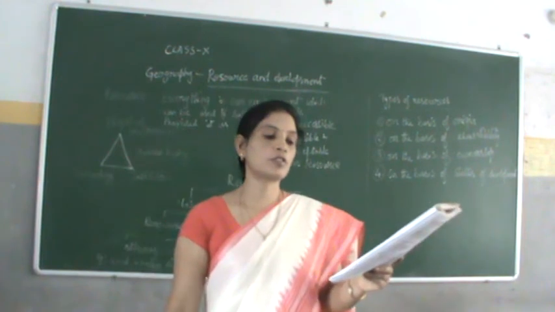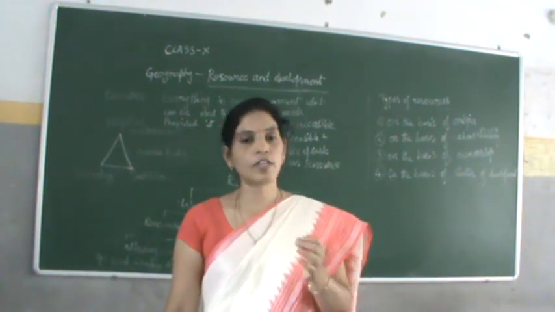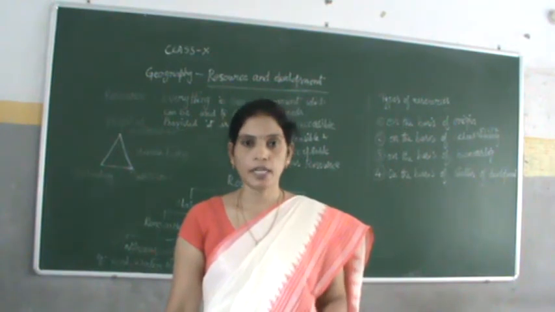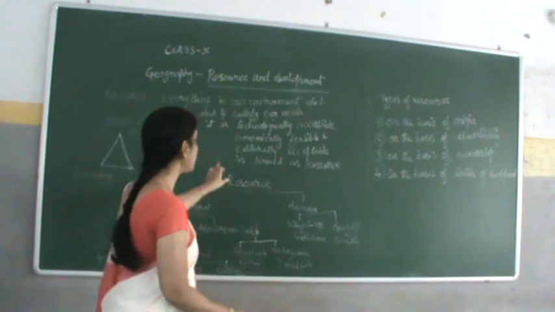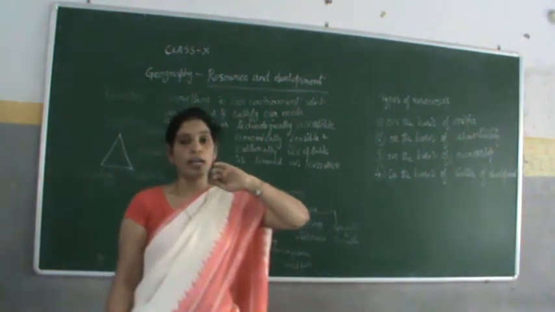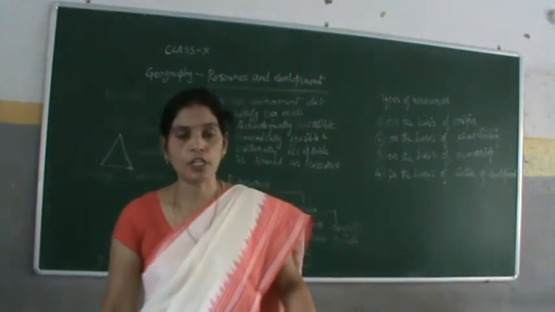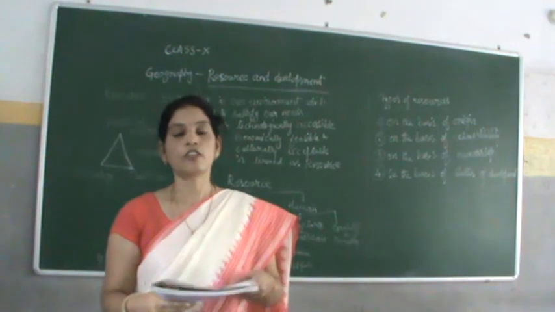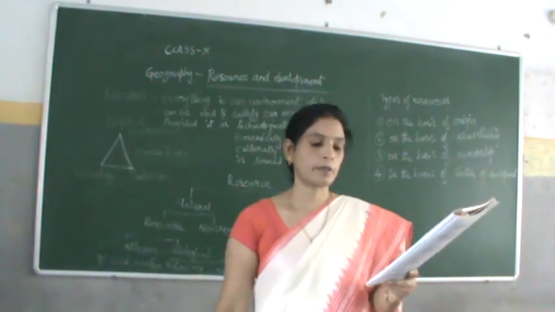Then coming to developed resources. These are the resources which are surveyed and their quality and quantity have been determined for their utilization. But due to technological accessibility and economic feasibility not existing properly, the development is not taking place extensively. Coming to the stock.